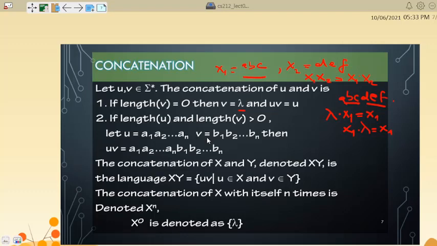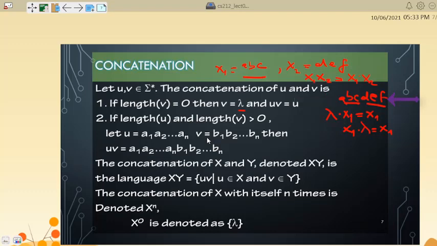It's also the same thing. We take the string x1 first, then combine it with x2. So x1 concat x2 is a, b, c, d, e, f. This part is from x1, this part is from x2.